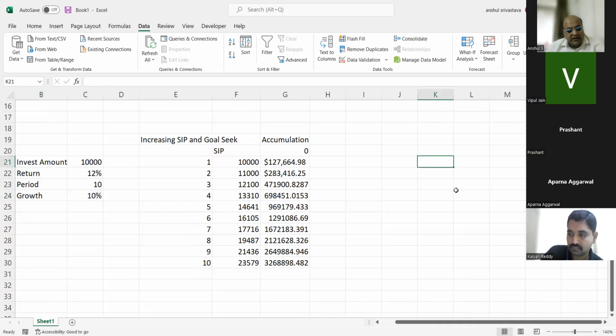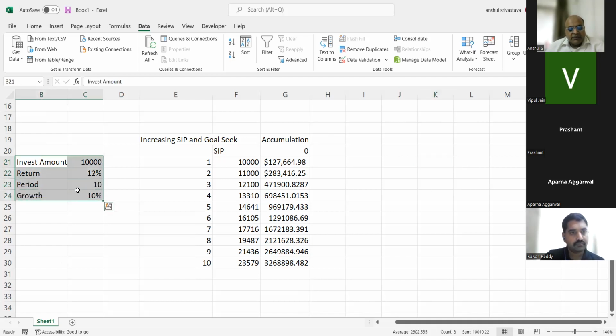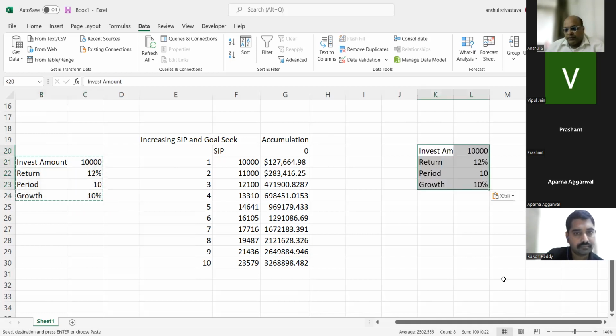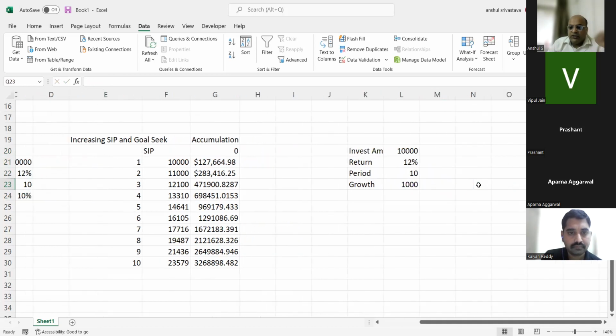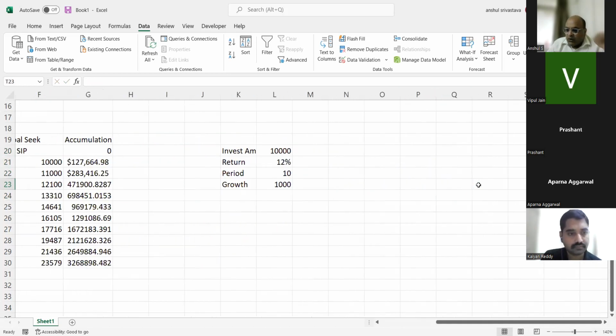The only thing that we need to do is कि यहाँ पे हम अज्यूम कर रहे हैं that instead of increasing by 10%, the growth is 1,000 rupees every year. If the growth is 1,000 rupees every year, rest of the things will remain the same.